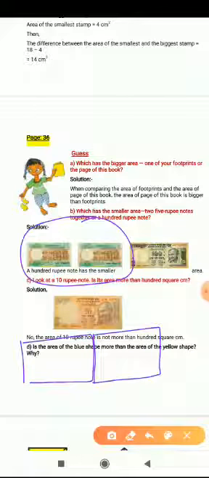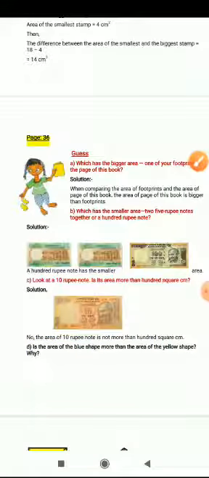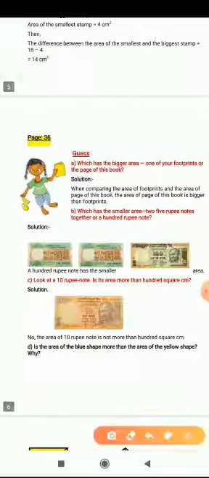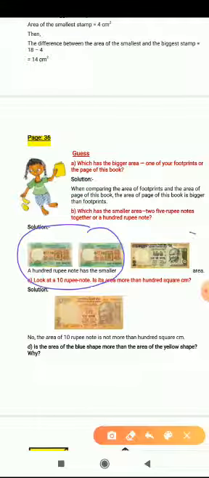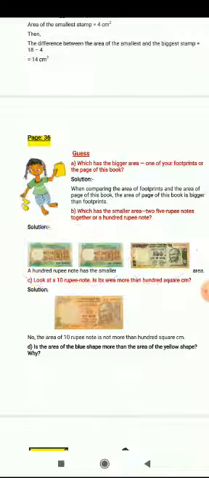Now we have to compare the area of these notes. So obviously the 100 rupee note has the smaller area. Whenever we combine these two notes, the area will become bigger than the 100 rupee note. So we can write that the 100 rupee note has the smaller area, right?